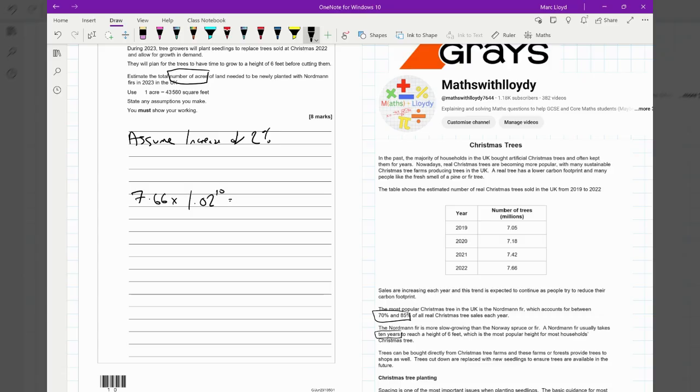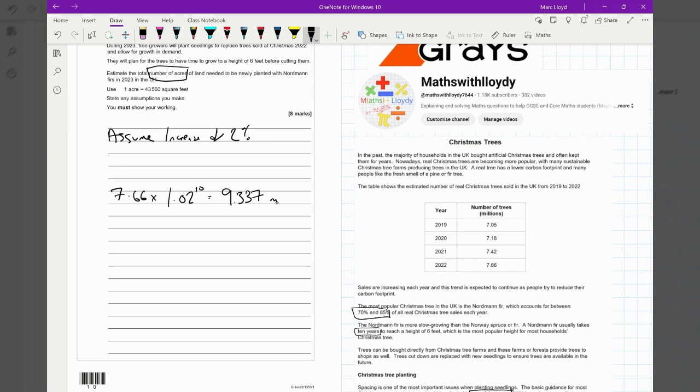So the ones that we're planting now, we have to know roughly what the demand is going to be in 10 years time. So we're going to multiply by 1.02 to the power of 10, which gives us 9.337 million trees.